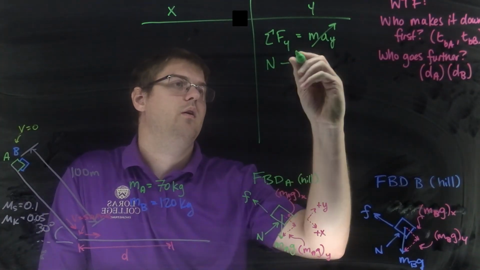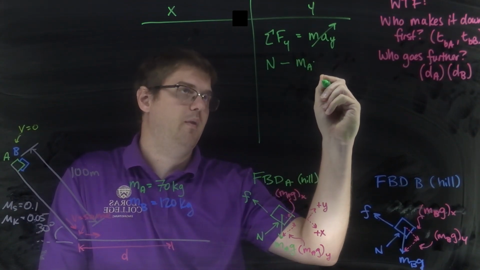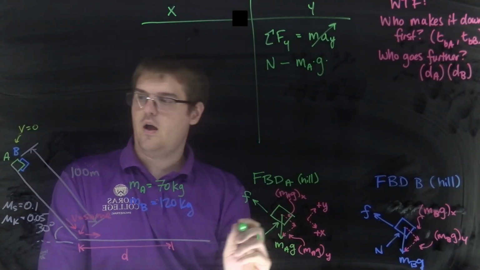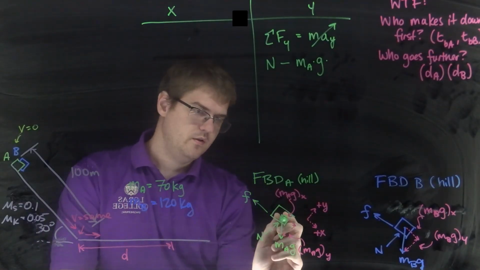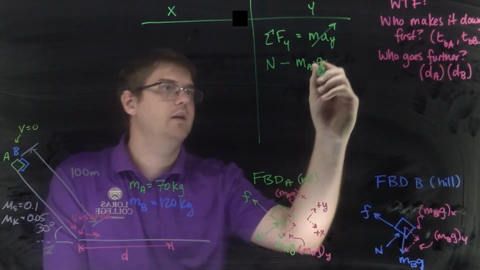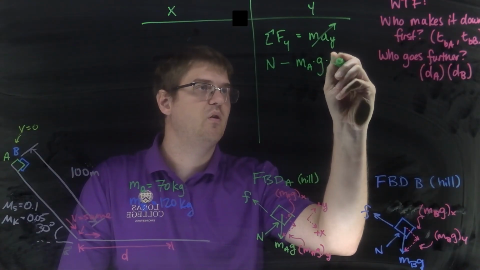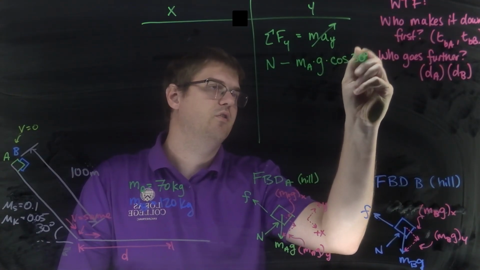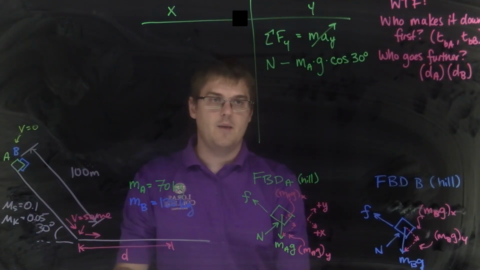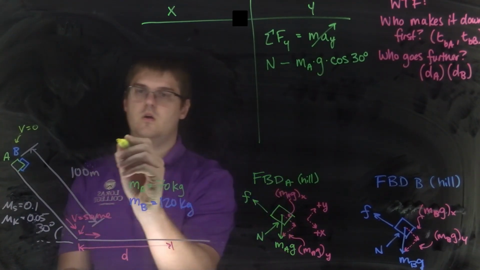So this is mass of A times my gravitational piece times, well, this is my angle, this is going to be my cosine of 30 degrees. Okay, I'm going to tangent a little bit here, and we're going to talk about why this is cosine so that people are all on board with it.